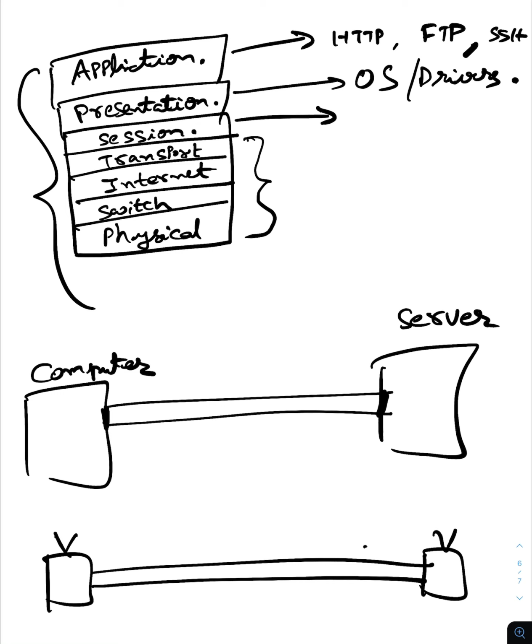Application is nothing but what a user uses, the app on Chrome or Internet Explorer or Firefox. You use your application on your operating system, which is the presentation layer, by connecting a secure tunnel between your computer and the server, the secure tunnel using the session layer.